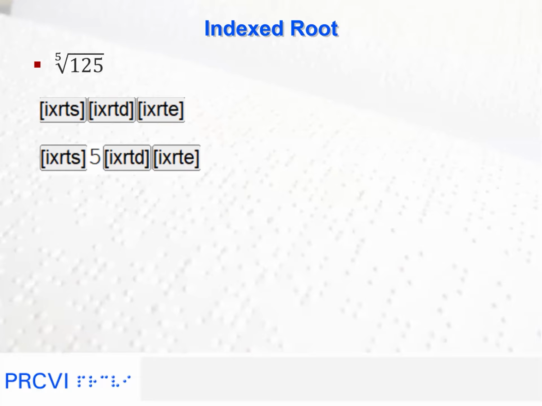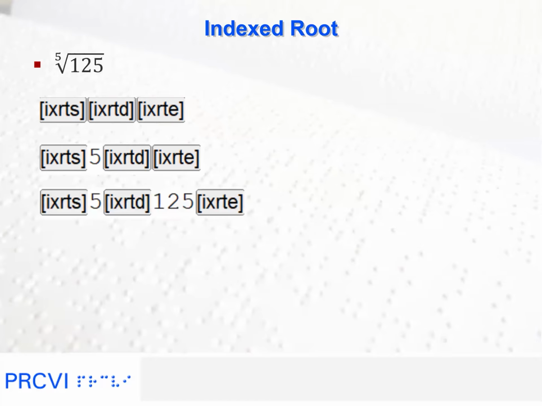Press right arrow key on your keyboard so the cursor move in between the codes IXRTD and IXRTE. Type 125 there. Press right arrow key on the keyboard to move the cursor out of the code. Translate it in braille. There are two grade 1 symbol indicators.